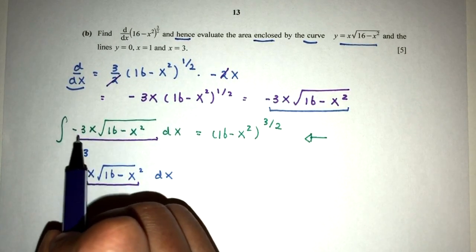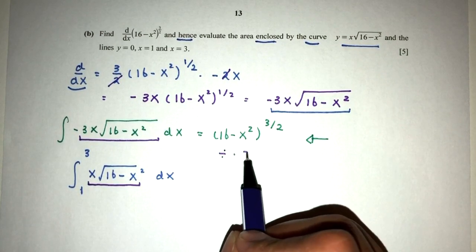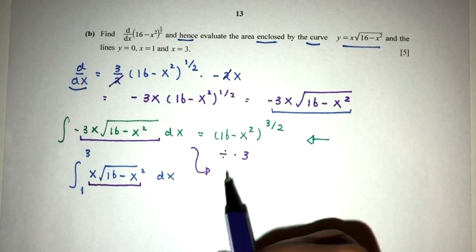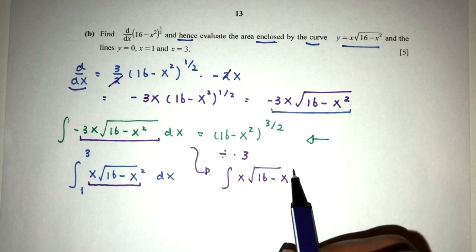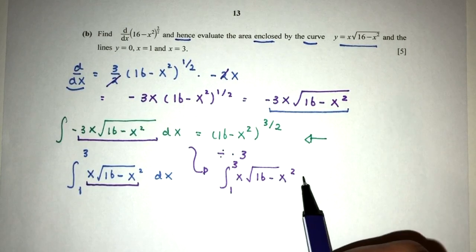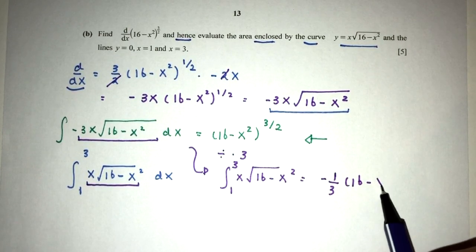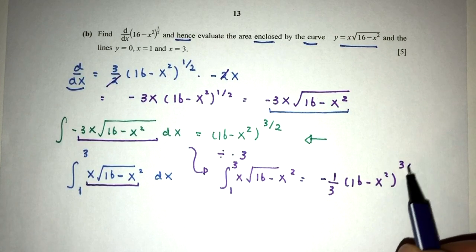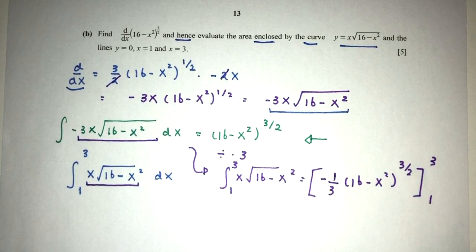We only have to eliminate the value of minus 3. And how can you do that? You have to divide by minus 3 everywhere. So from here, that will become minus 1 over 3, 16 minus x squared to the power 3 over 2, with the limits of 3 and 1.